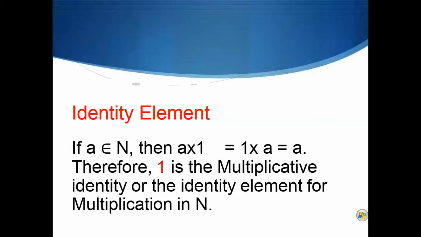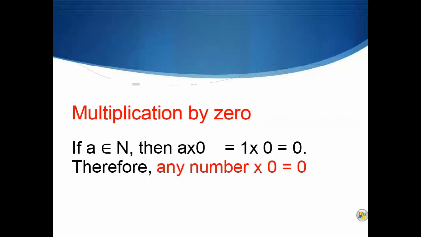Identity element. If A belongs to N, then A multiply 1 equals 1 multiply A equals A. Therefore, 1 is the multiplicative identity, or the identity element for the multiplication in N. Multiplication by 0. If A belongs to N, then A multiply 0 equals 0 multiply A equals 0.